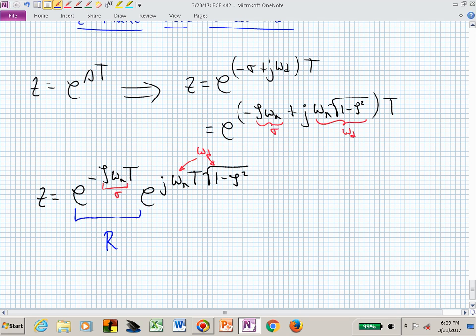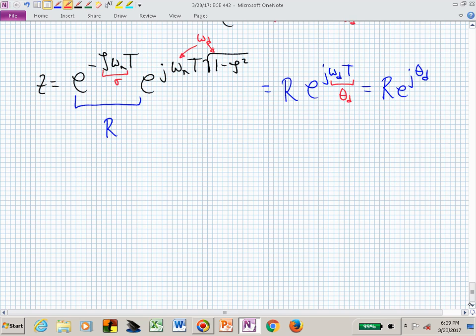So this is r, and e to the j omega sub d t, if we collapse omega sub d t into an angle, is r at an angle theta sub d, where omega sub d t is what we will call theta sub d.